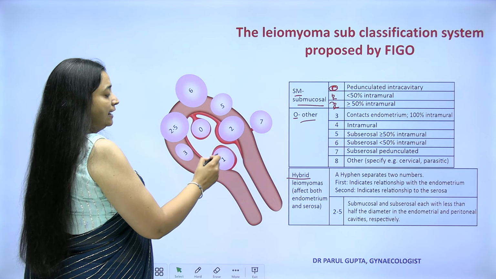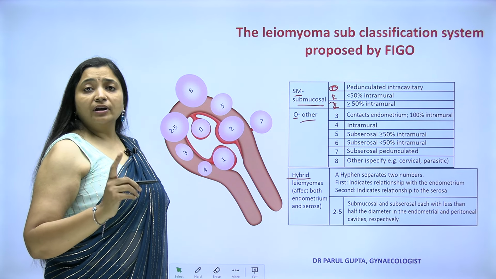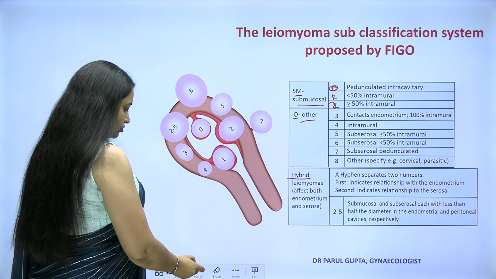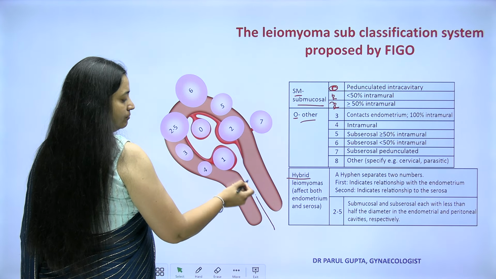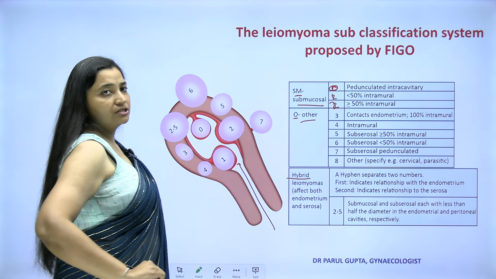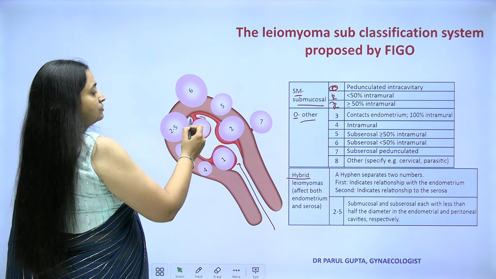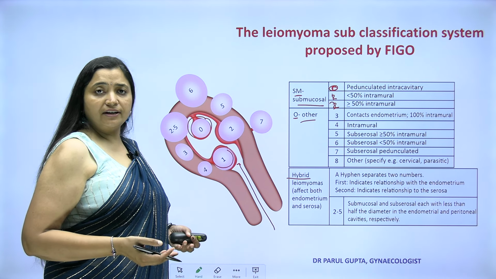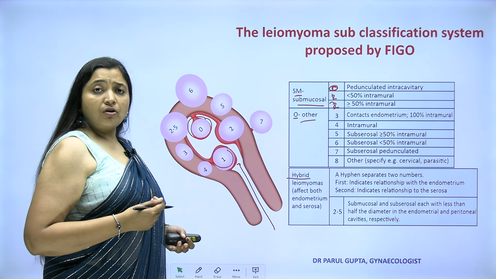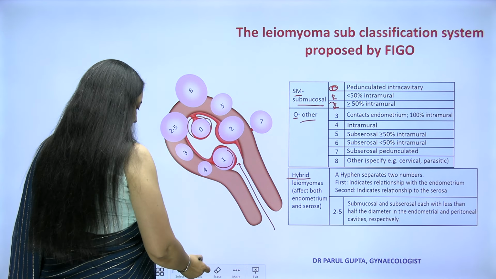So this 0 and 1 are easily operable hysteroscopically. Hysteroscope is an instrument which goes inside from the cervix and then shaves off this fibroid. So fibroid 0 and fibroid 1, more or less they are lying inside the cavity, so they can be easily shaven off using a hysteroscope.